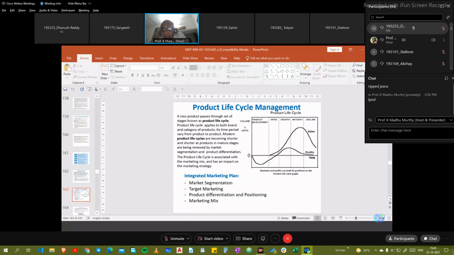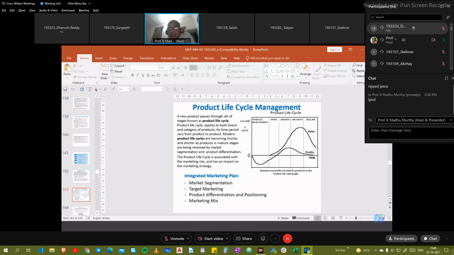Though you see the upper curve, which is the sales curve, is always positive. Before launching, it is zero. We started from zero, so it is a positive curve which is picking up. And as I was mentioning, during the growth phase, you see the slope of this particular sales curve is much steeper. That means the rate of growth is much, much higher.